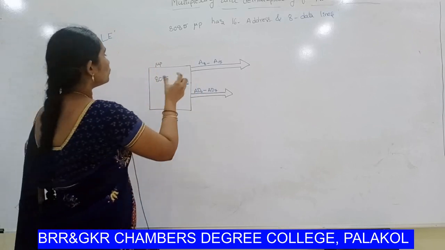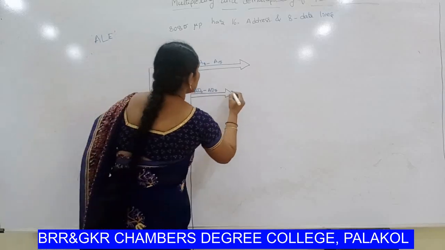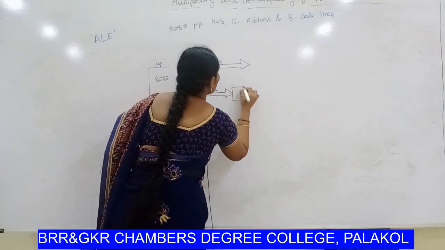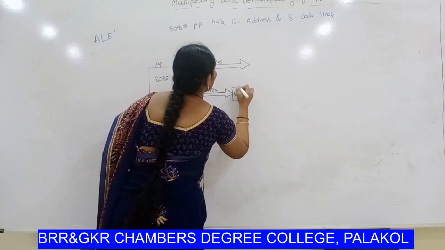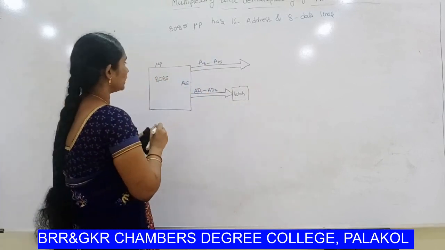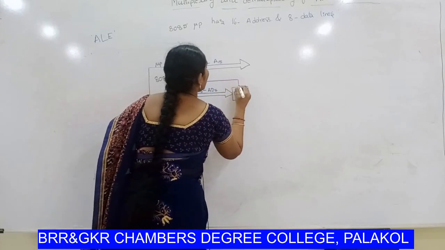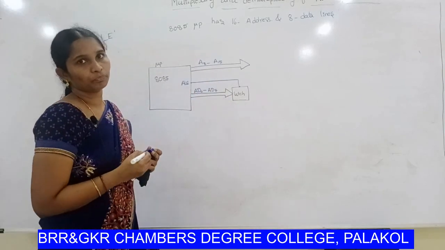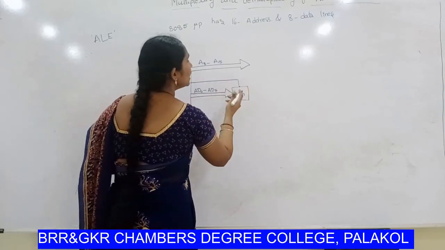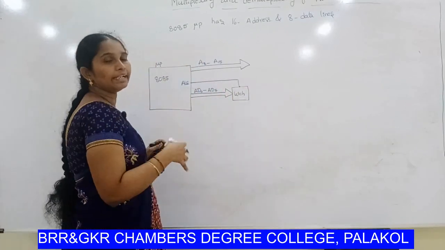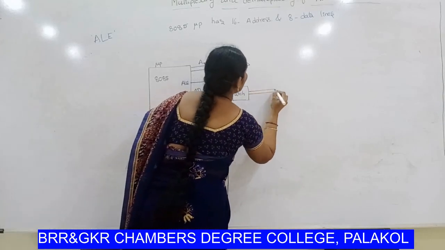For storing purpose we have to use one latch. Here we have to connect this ALE signal to this latch, and after that by using this ALE signal we separate the address and data lines.